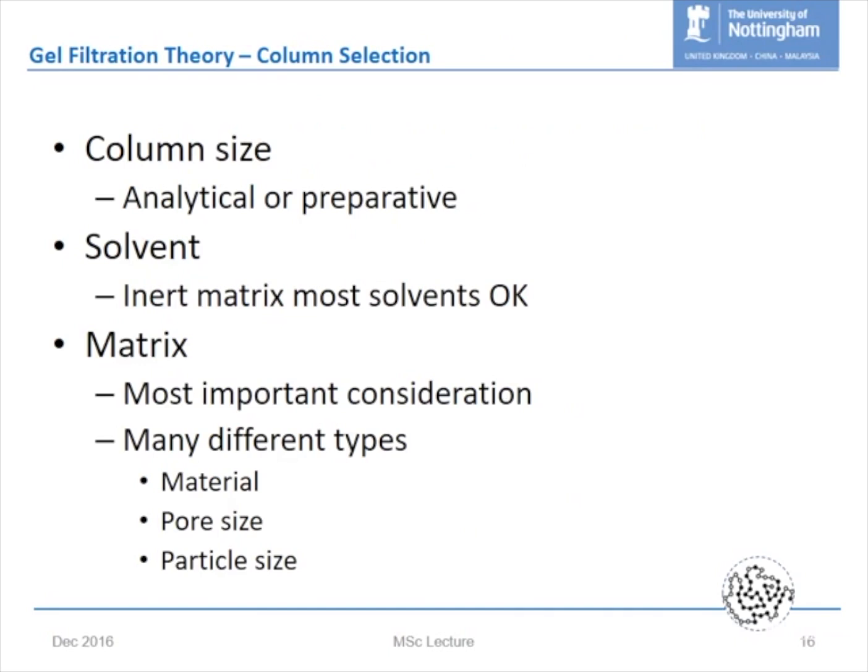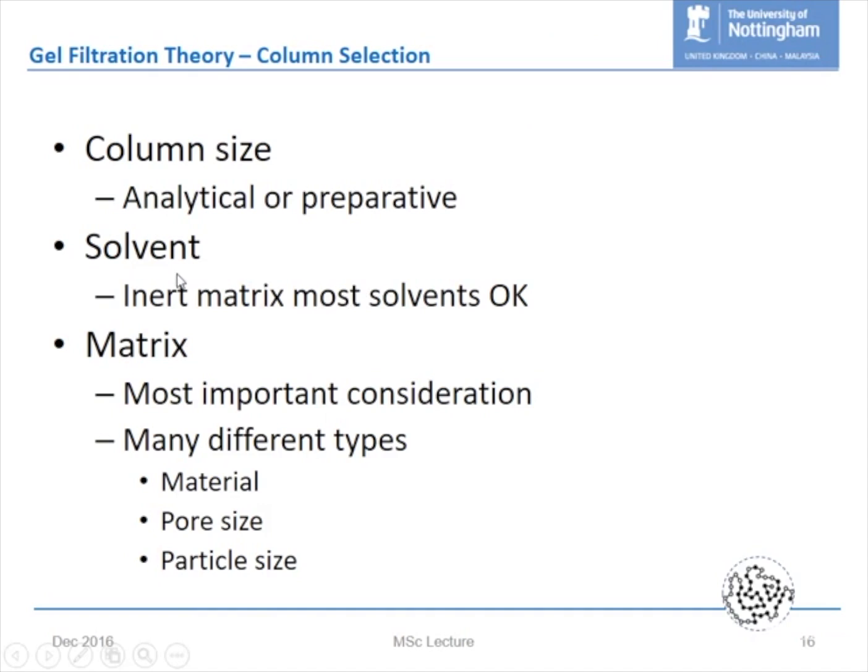Okay, so there's a couple of slides that I'm going to go through now, which give you some idea of the scope of GPC phases that's available to you. It's just some reasonably obvious statements, but I think I've already said, column size, you've seen large ones and small ones, analytical and preparative, that's what we tend to call them.